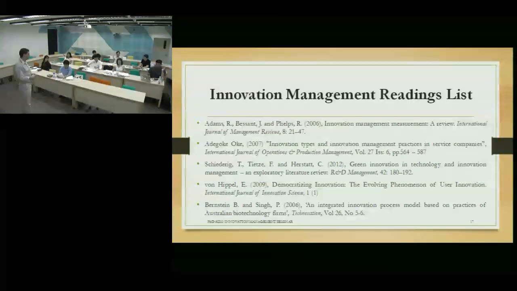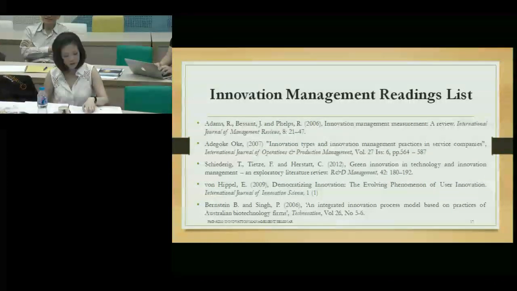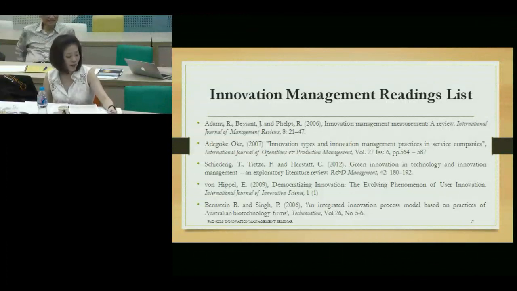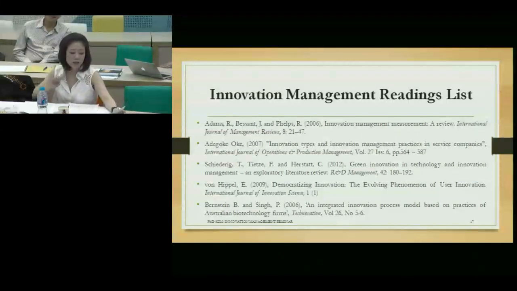So I chose the 3 articles, which are an integrated innovation process model on Australian biotechnology firms, innovation as a competency of the service organization, the role of technology, knowledge, and networks, and the last one is a management innovation paper.